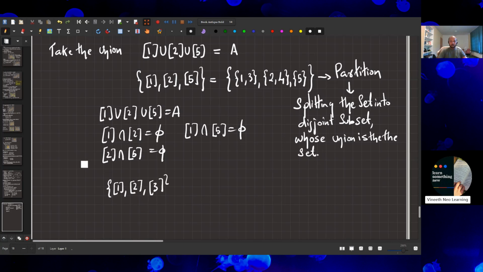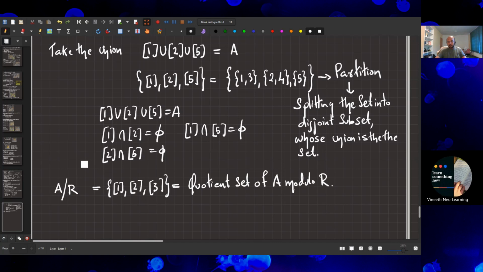And that partition is called the quotient. It is also written as A mod R, meaning we are dividing that set into equivalence classes of R. It is known as the quotient set of A modulo R, also written as A mod R.